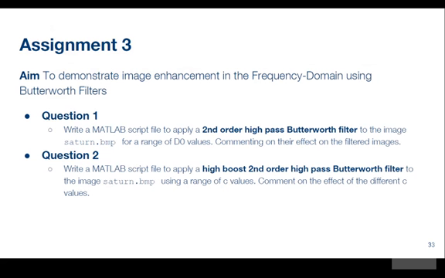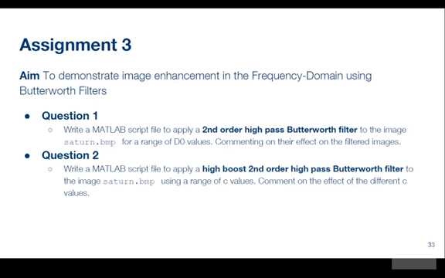Okay, so assignment 3 is going to be to demonstrate image enhancement in the frequency domain using Butterworth filters. So we're going to apply a second order high pass Butterworth filter to the image Saturn.bitmap, which we saw on the last slide. That should be available on Blackboard as well to download.